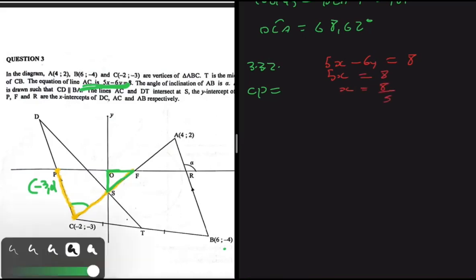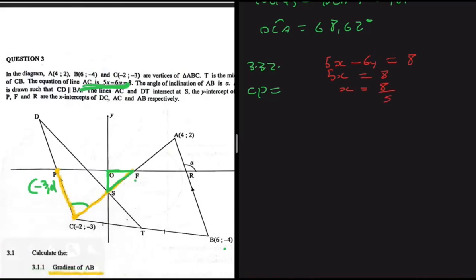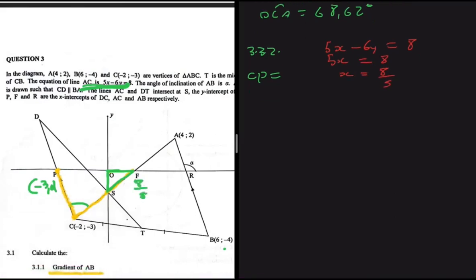So with y equal to 0, we have 5x equal to 8, so x is equal to 8 divided by 5. So let's go ahead and calculate CP.